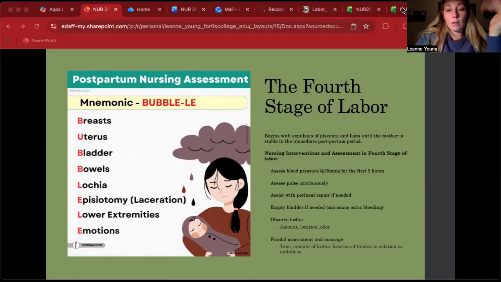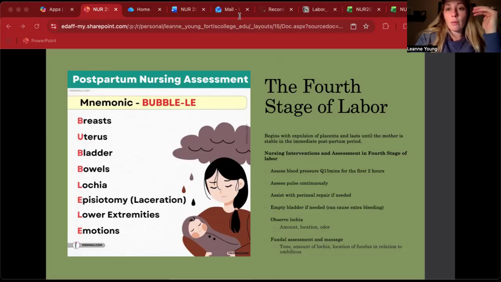We want to observe her lochia, which is bleeding. We want to know the amount, the location, and the color, okay? And then fundal assessment and massage. So we'll talk about that a lot more next week whenever we're talking about what a fundal massage should feel like. But typically, your fundus, which is your uterus after delivery, should be firm, midline.